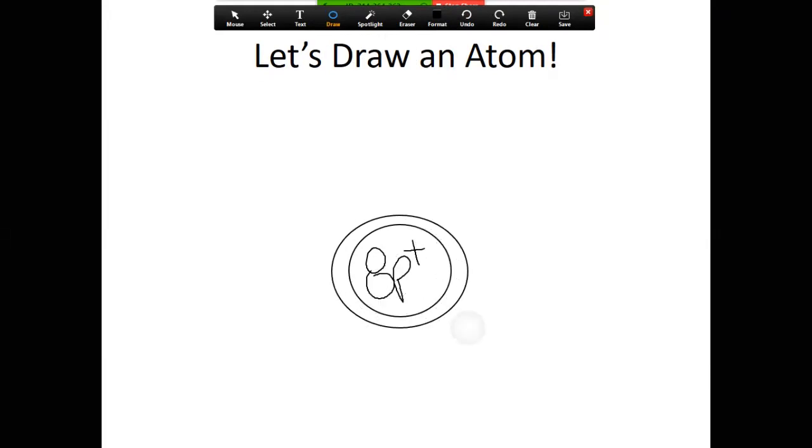So I have to put my orbital. And so remember, this innermost shell is only capable of having 2 electrons. So clearly that's not enough. So I have to then put another orbital.